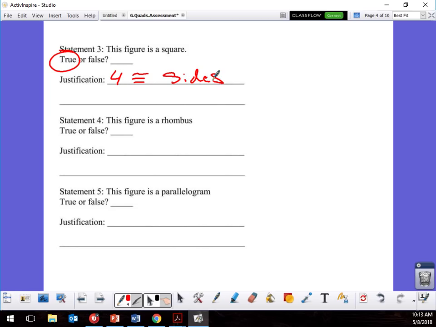It has 4 equal sides. Opposite sides are equal. 2 pairs of parallel sides. But it's in a different column. Was I right? You're right, it is in a different column. But what's different about those 2 columns? What's different between the rhombus and the rectangle?